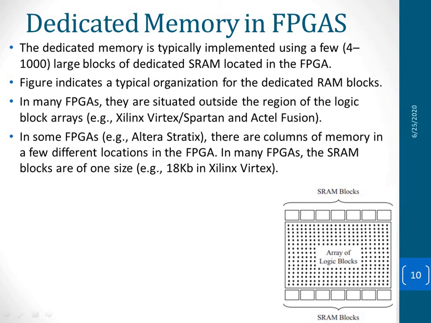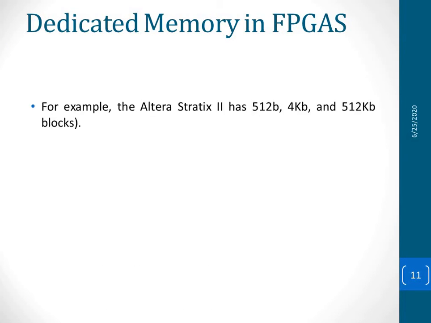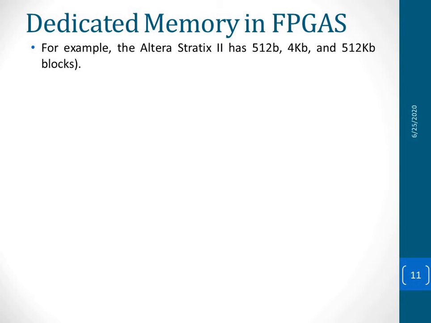In some FPGAs like Altera Stratix, there are columns of memory in a few different locations in the FPGA. In many FPGAs, the SRAM blocks are of one size. For example, it can be 18 KB in Xilinx Virtex. In some FPGAs, there are blocks of different sizes. For example, the Altera Stratix has 512 bit, 4 kilobit and 512 kilobit blocks.